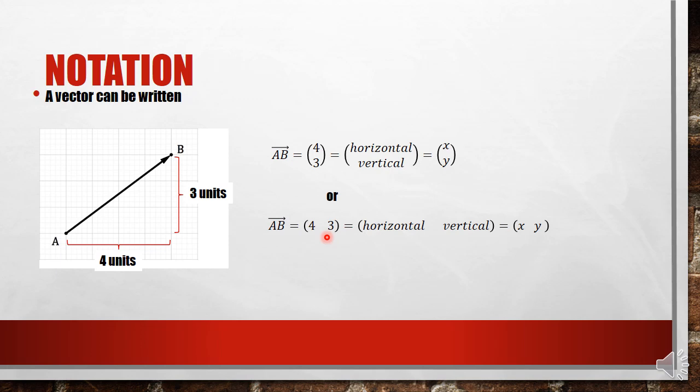But I prefer to do it like this, in a column vector. The first number represents the movement in the x direction. The second number represents the movement in the y direction. To the right is positive, to the left is negative, up positive, down negative. This is the notation of vector.